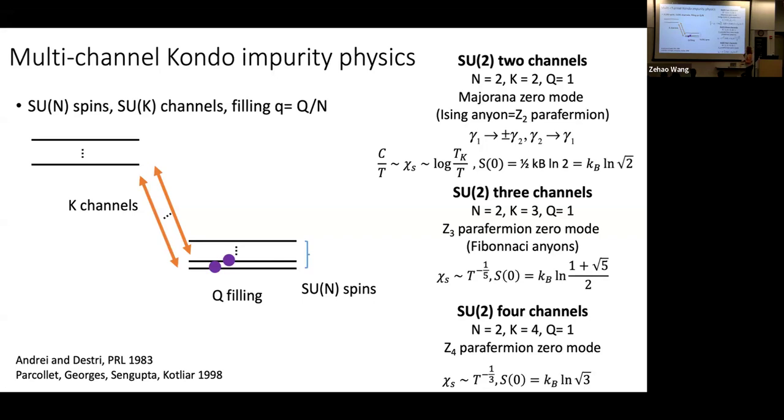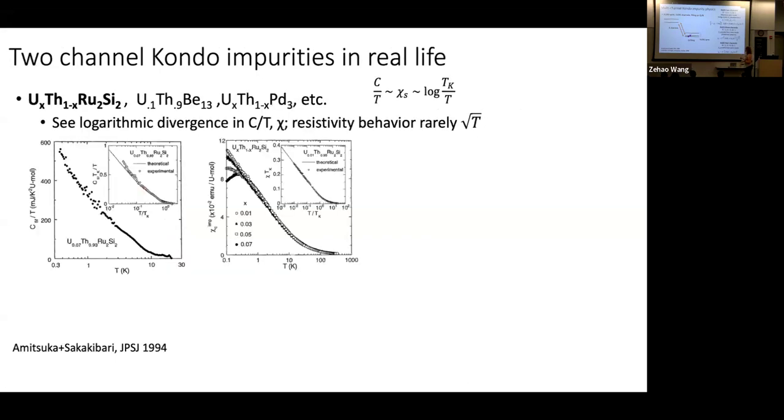So I want to just briefly go over the experimental evidence that we can actually have two-channel Kondo impurities. So the best evidence is in uranium-doped thorium systems. So thorium is non-magnetic. Uranium, in these cases, is uranium 4+, which behaves like it has 2 f electrons.